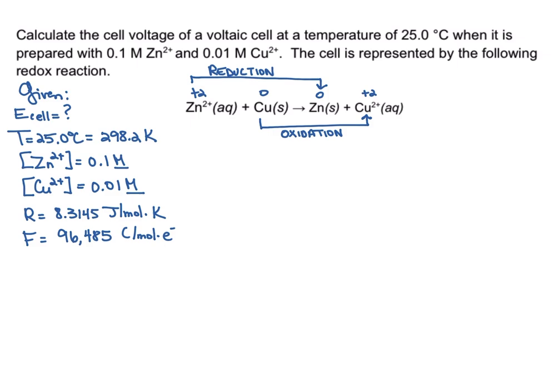Okay, I also need some half reactions, so I'm going to have to take a look at a table for that. And remember that the table only lists reduction half reactions with their reduction potentials. So that means I'm going to use the table and get those numbers.